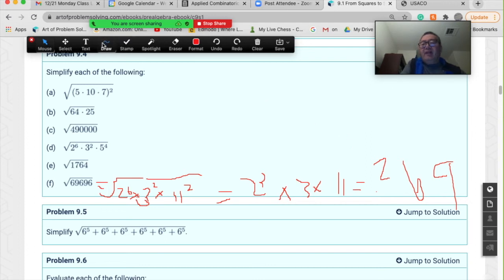Okay, that's correct. Very good. So just factoring this number, you get this. So then you get 2 power 3 times 3 times 11. That's 264. Okay, very good.